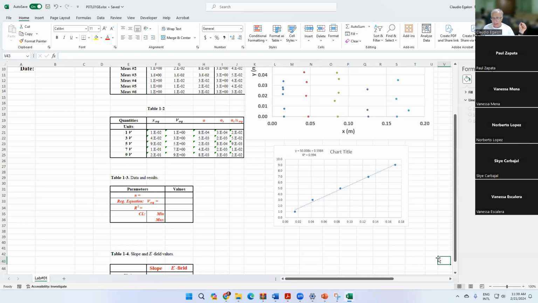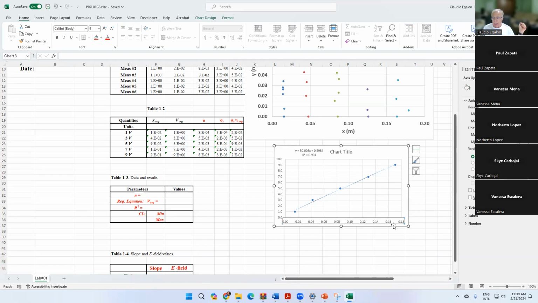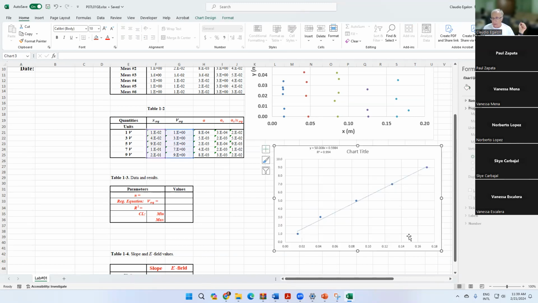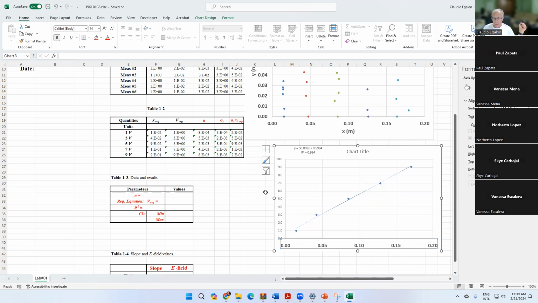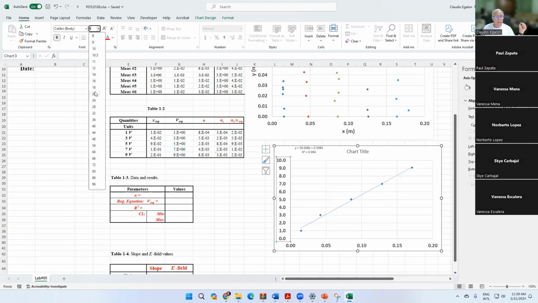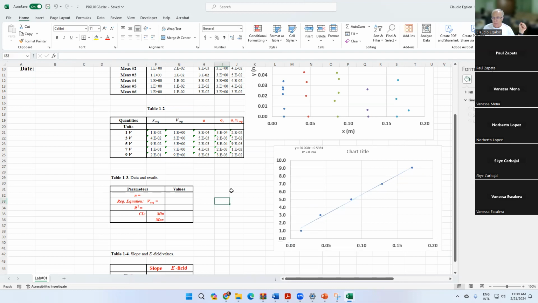Okay? And then you go ahead and do the same thing that we did before. Highlight those, boldface it, make sure you make it nice. Is that 12? No, 14. We should use 14. Here is boldface 14. And then you add what else?